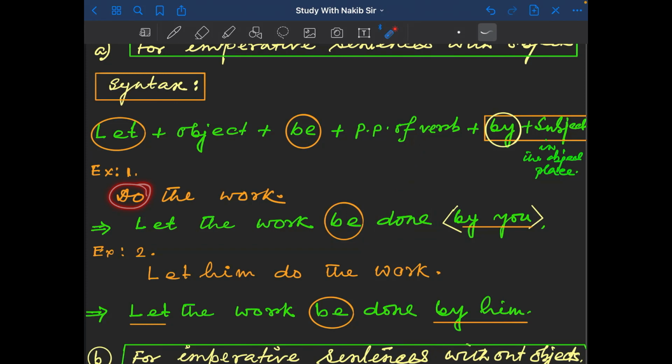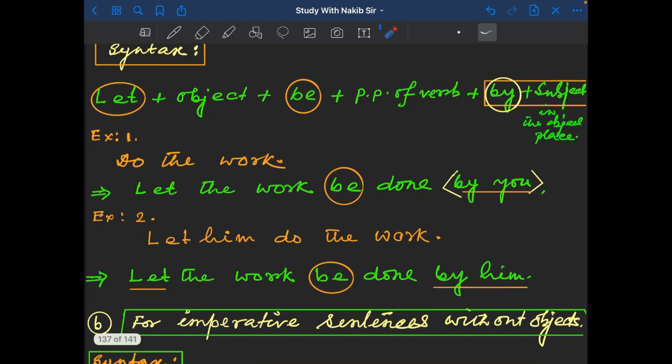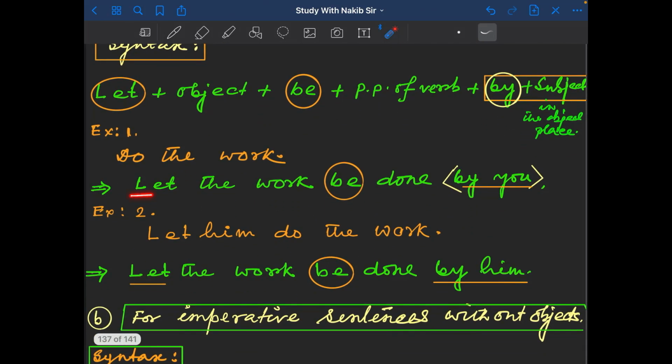The past participle of the verb do is done. So let the work be done by you. It is understood. Do the work means you do the work. For this it is written by you for your understanding. So do the work means let the work be done.